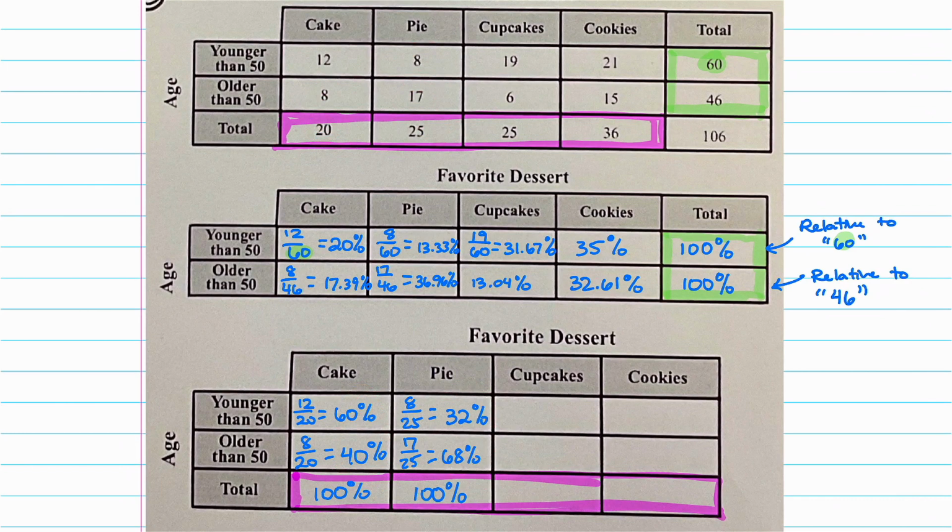All right, I'm going to go a little bit faster. 19 out of 25 is what the next one should be. That gives me 76%. 6 out of 25. That gives me 24%. We add those two up, and I do get the 100%.